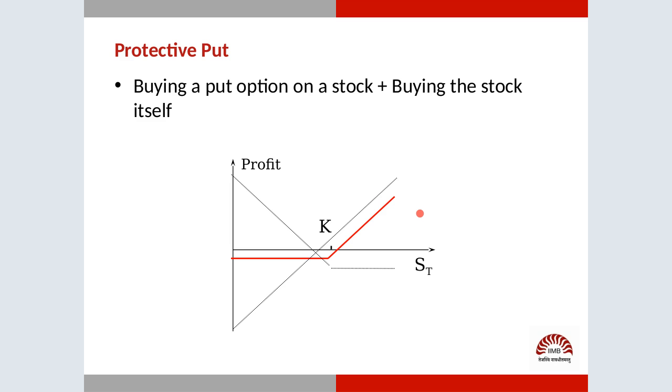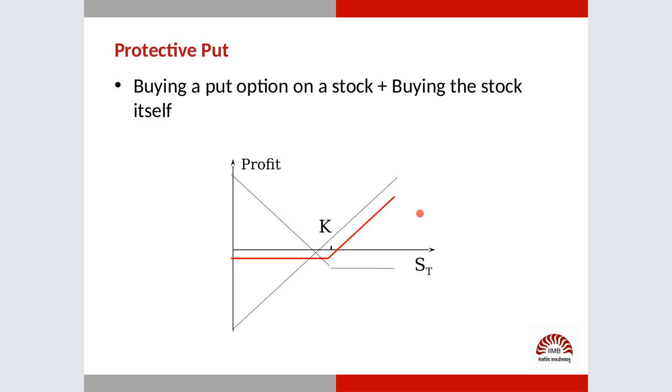And the put is basically called the protective put and the reverse of a protective put. So the protective put, what is it? I buy the put, I buy the stock. So I buy a put option on the stock, and I buy the stock itself. Again, the dotted lines represent the payoffs from the long position in the put and the long position in the asset.